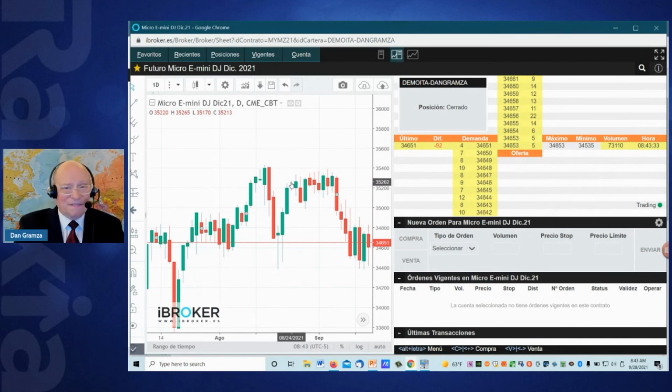By the way, I didn't finish my tour of the platform here. Again, in case you're not familiar with it, here they have what we refer to in the States as a ladder. It shows us where the current bid and offers are. It's a nice handy tool to have. It gives us a great visual of what's going on in this market.